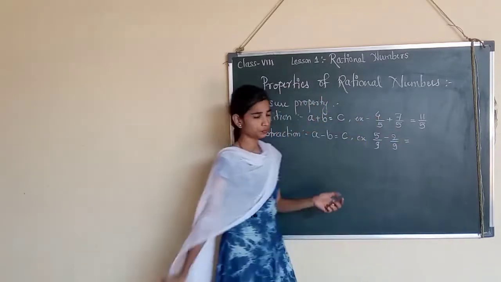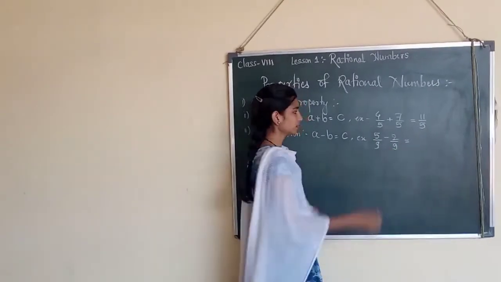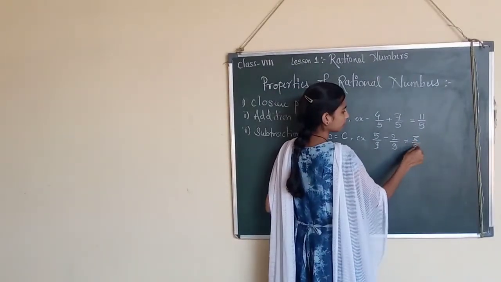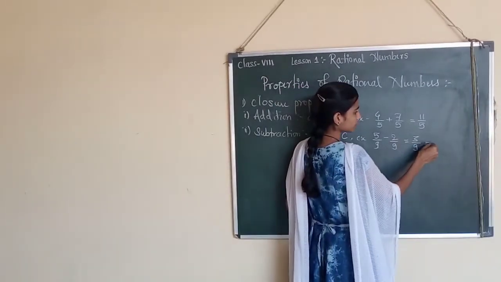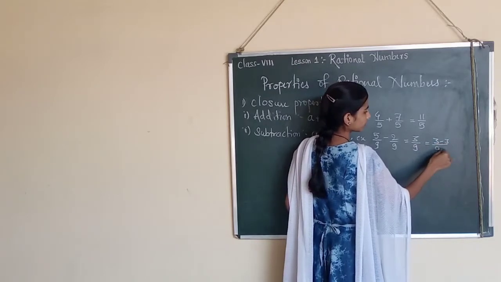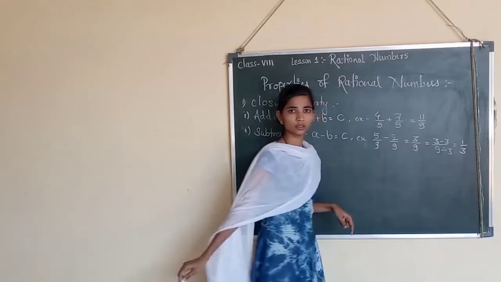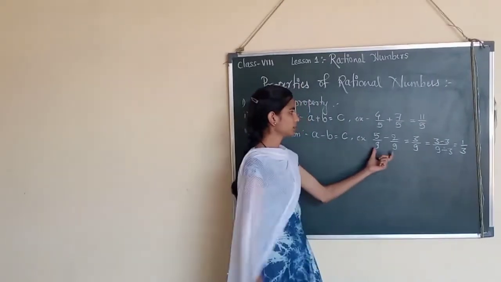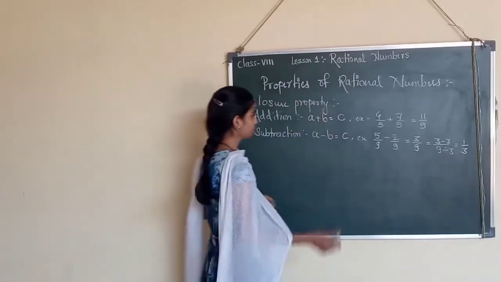If you take the subtraction of 5 by 9 and 2 by 9, then you will get 3 by 9. And we can take the simplest form, dividing by 3, 3 by 3 and 9 by 3. So it will be 1 by 3. Then subtraction of any two rational numbers will be a rational number.